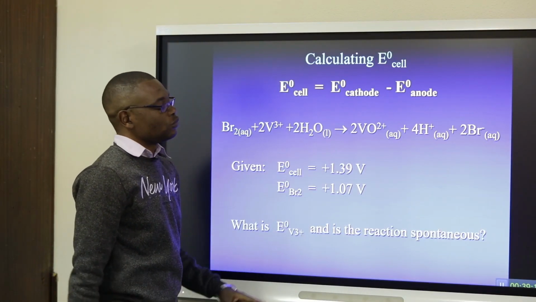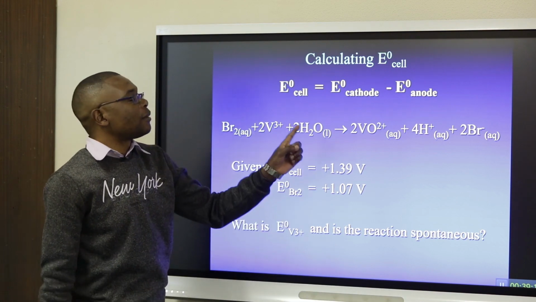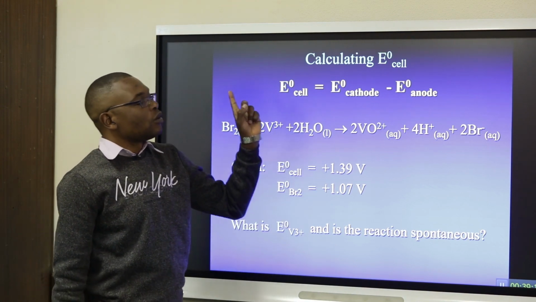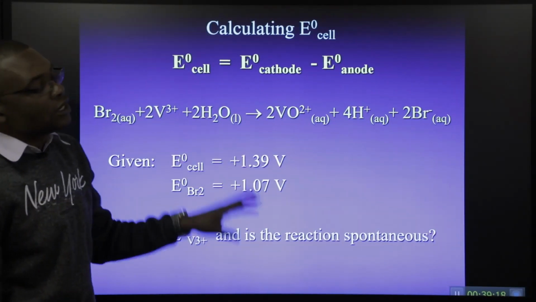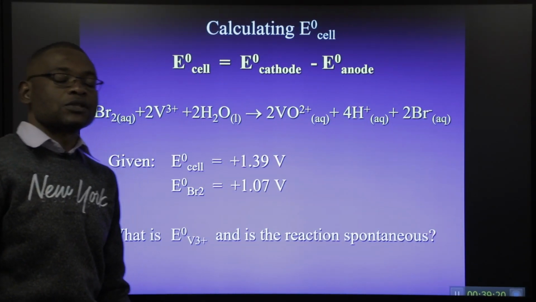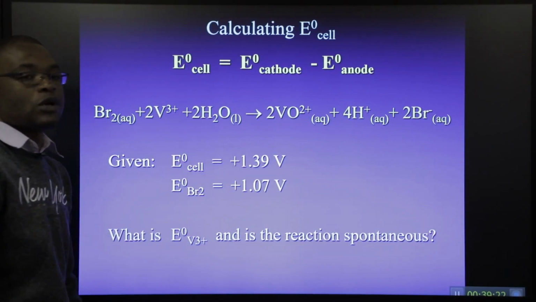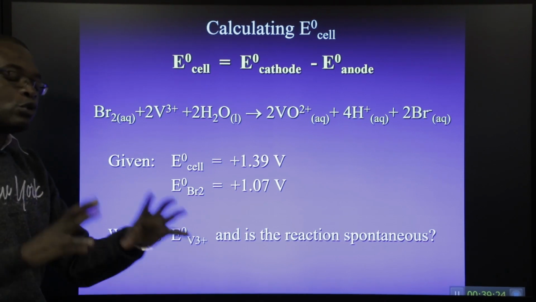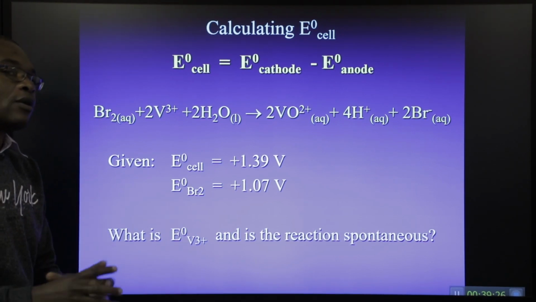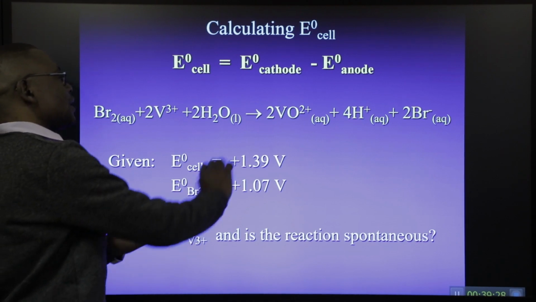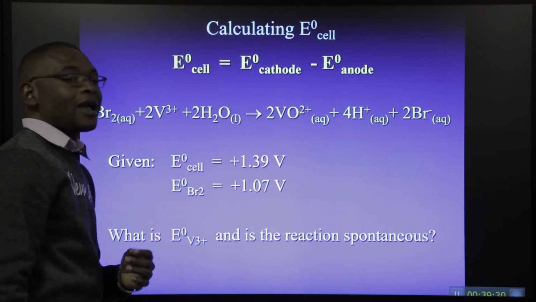When you have determined which of your materials is going to be your cathode and which one is going to be your anode, the E cell is found by saying cathode minus anode.